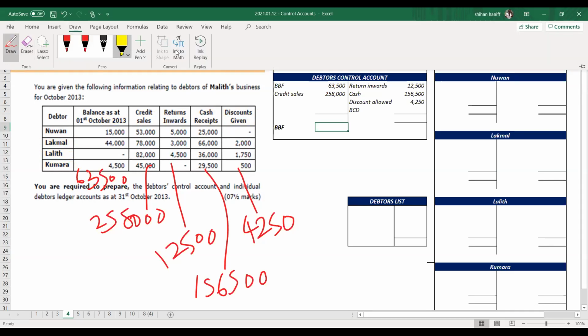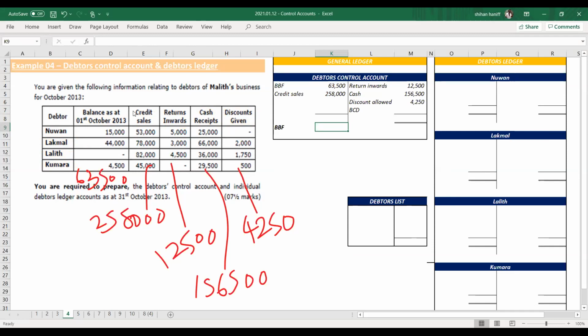Now individual account. Individual account is very simple. You take the row one by one. If you take one, opening balance for one is 15,000. Credit sales is 53,000.